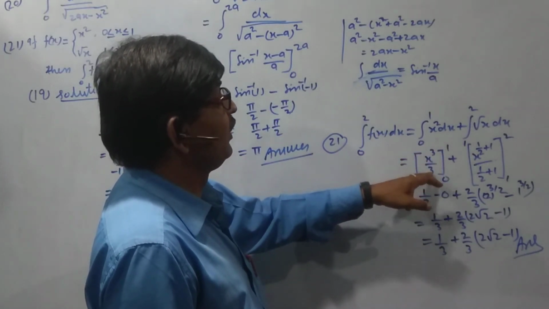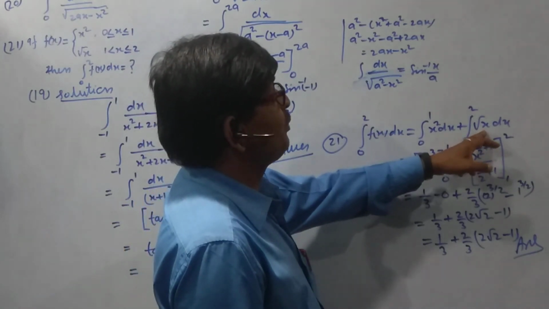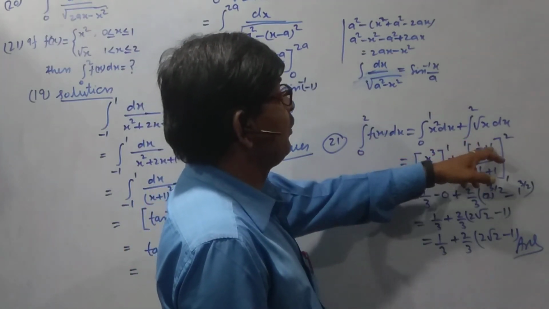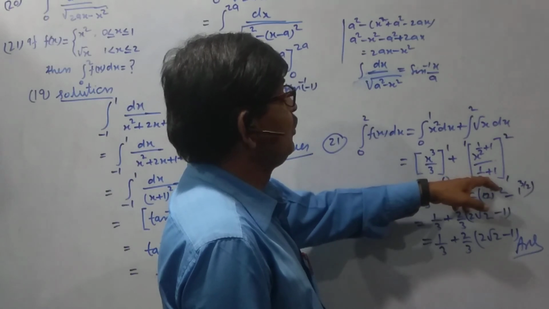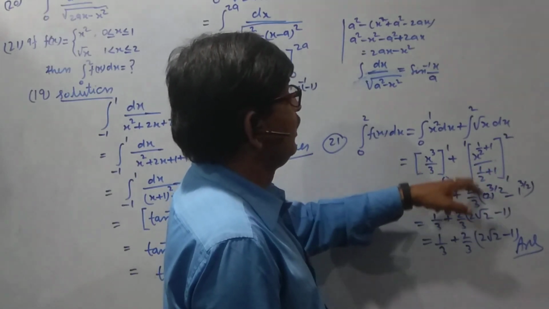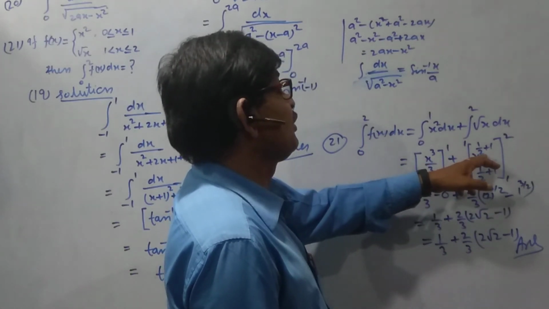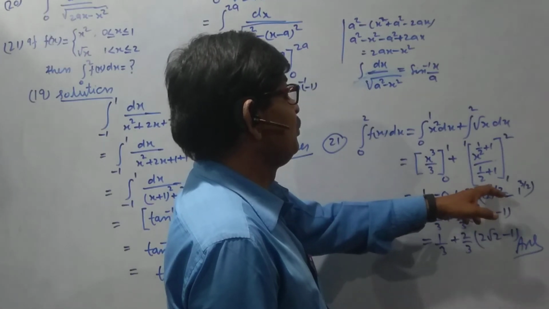So the integral of x square dx is x cube by 3, limit 0 to 1, plus the integral of x to the power half, which is x to the power half plus 1 divided by half plus 1, that is 3 by 2 and 2 by 3, so this can be written as 2 by 3 x to the power 3 by 2.